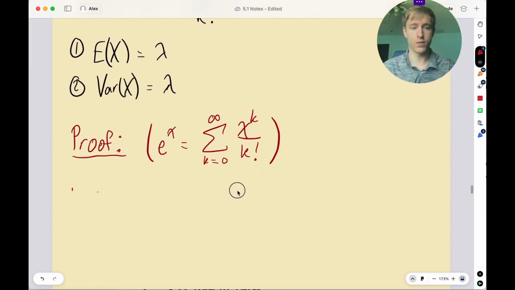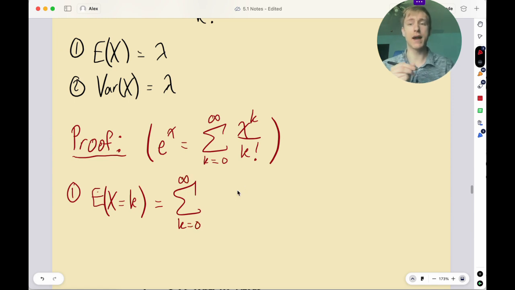Okay, so to prove 1, we have to find the expected value of the number of successes, we'll say k. And to do that, recall that that's just going to be the infinite sum from k equals 0 to infinity. Technically, it's minus infinity to positive infinity, but remember the Poisson distribution is only really defined in this interval. And then we take that times k times the probability that x is equal to k.